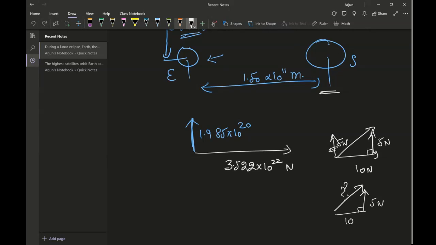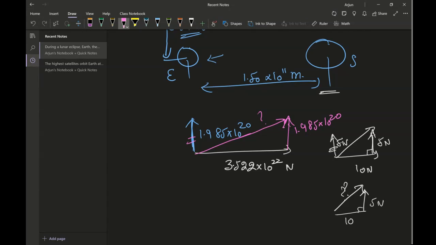So the same concept I'm about to apply to this one. This vector, I'll replace it on this side. This is 1.985 times 10 raised to power 20. And I'm looking for the resultant, that I'm going to draw with the pink color. That's what I'm looking for.